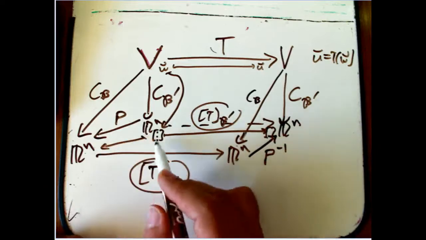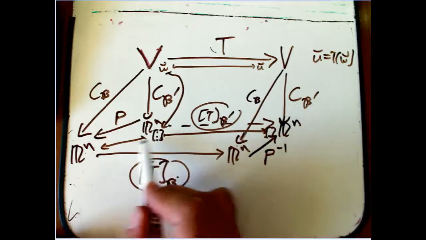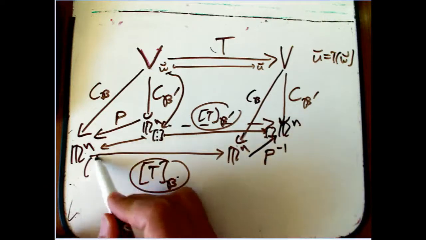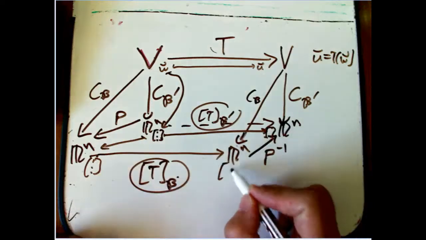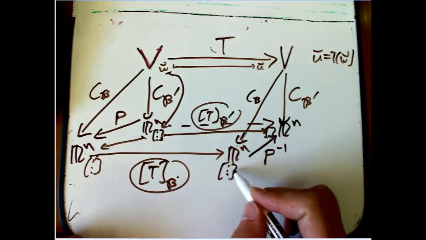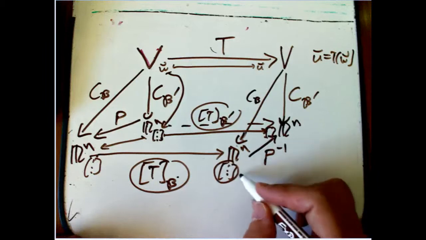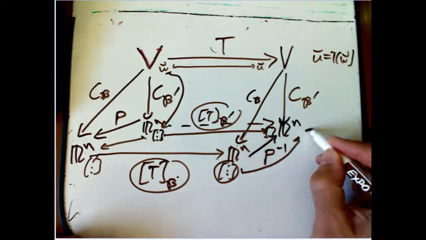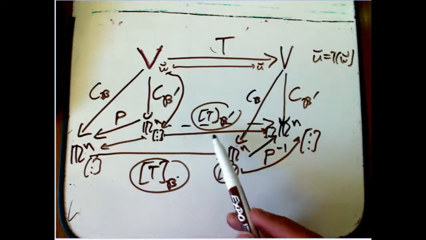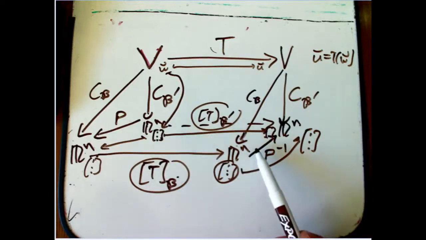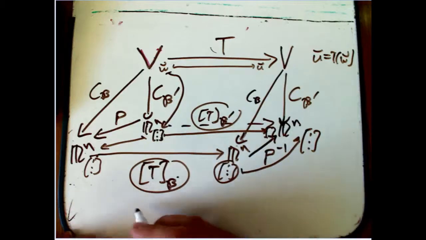Well, it's the same thing as asking, what if I took this guy and translated it into the B language, that's over here, a new column vector, take the B version over here, and then you've got the B version of the output, and then you translate it back into the B prime language. And so the claim is simply that this square commutes. That's the change of basis theorem.